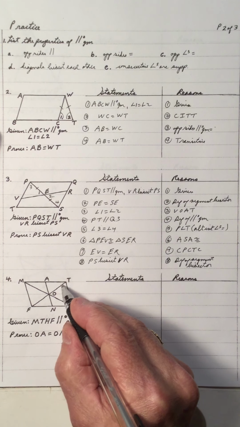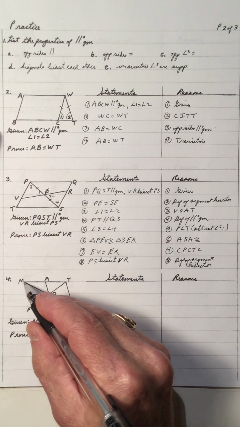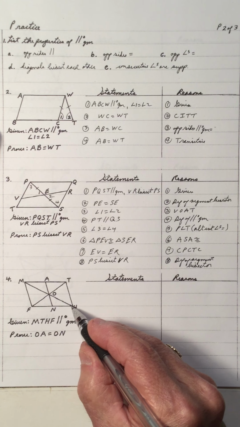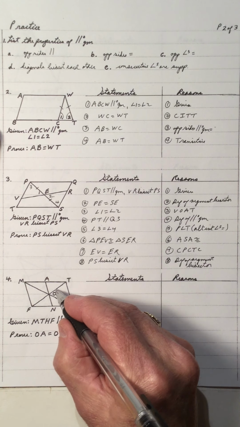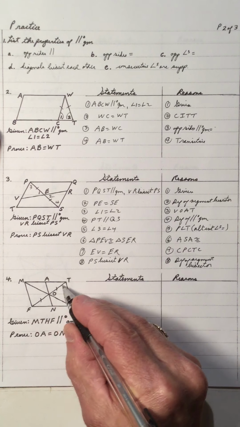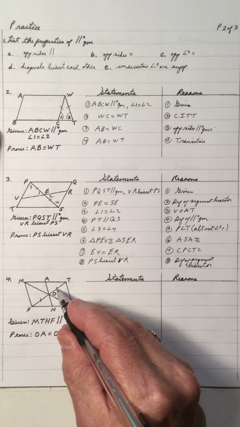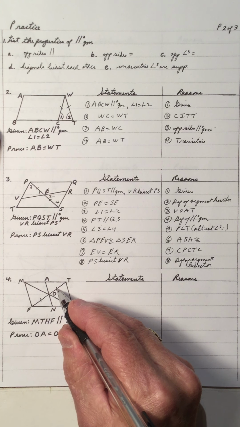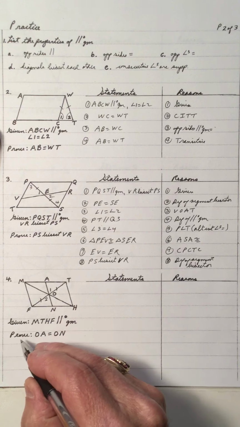Oh, I see that these are the diagonals. TF and MH are the diagonals. So we know the diagonals bisect. So that means I can say that TO equals FO because the diagonals are bisecting each other. So let's just do those two. And now I can get angle 1 is equal to angle 2, VOAT.